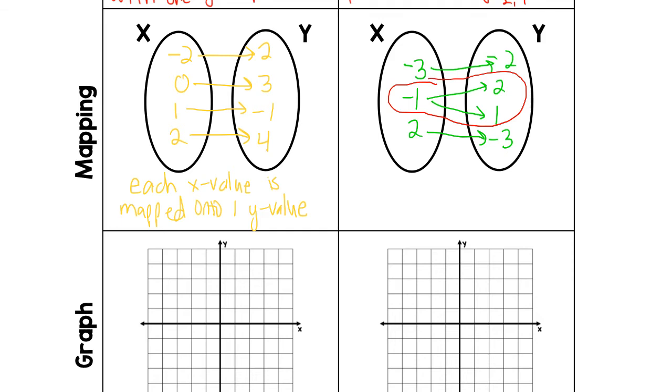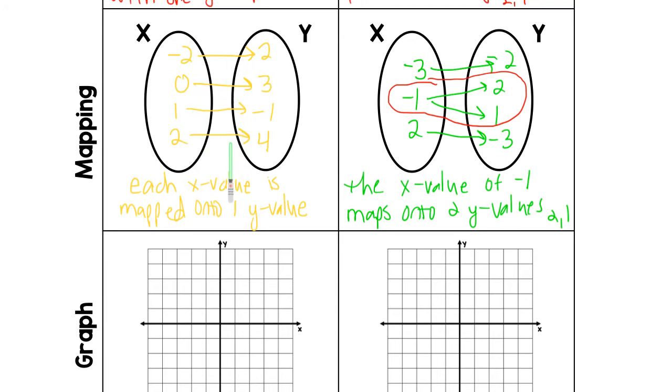That's telling us the x value of -1 maps onto 2 y values, 2 and 1, just like above. So yes, a function: every x value has one arrow coming from it. Not a function: any of the x values have more than one arrow, okay?